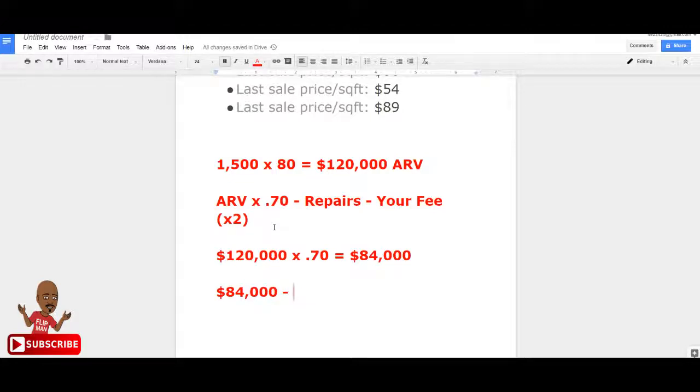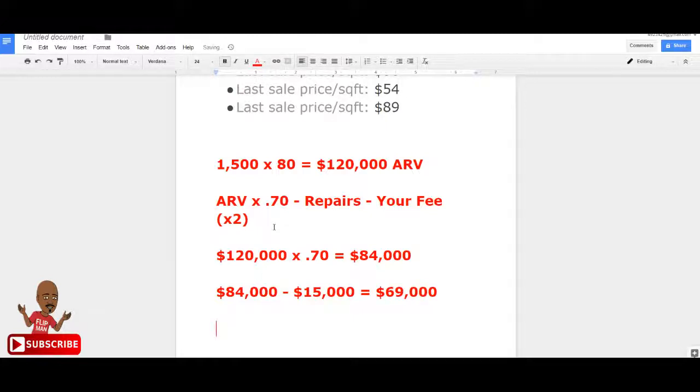You don't know when you're talking to someone. You can just throw out a number if you want. You can ask them what they think of the condition of the property, and just use $15,000 as a number, because you still won't know. But this, again, is only to prevent you from wasting time. It may be a lot more, it may be a lot less, but we'll just use $15,000 as the number. So we know that that is $69,000.